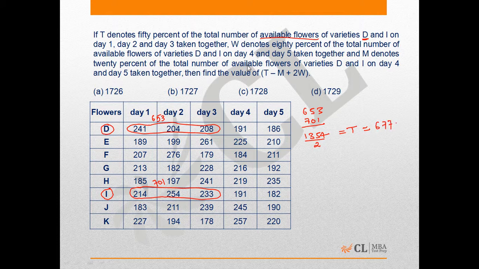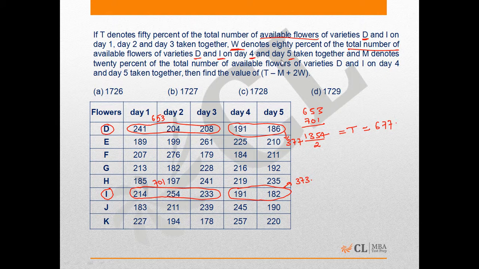Is this fine? Okay. Then it says W denotes 80% of the total number of available flowers of the variety D and I on day 4 and day 5. Day 4 D is this, day 4 I is this. If I add these two numbers, this comes out to be 377, and if I add these numbers, this comes out to be 373.